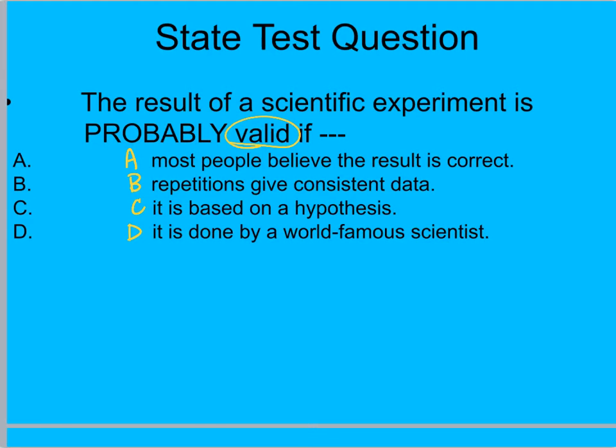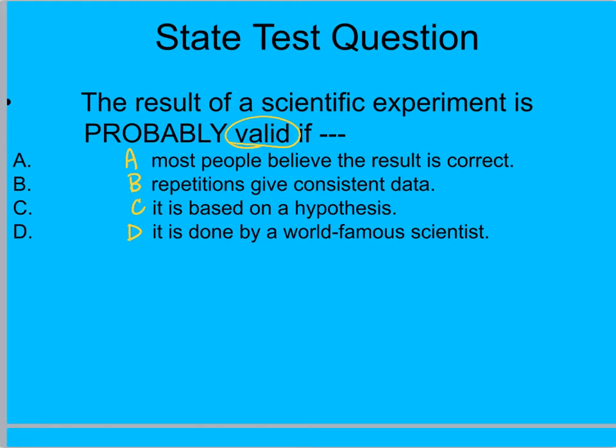Most people believe the result is correct? Let me tell you something. When the coronavirus first began, Corona beer sales dropped by 8% because people thought drinking Corona beer caused the coronavirus. So obviously we know that beer doesn't cause viruses. Just because most people or some people believe the result is correct doesn't mean it's correct.